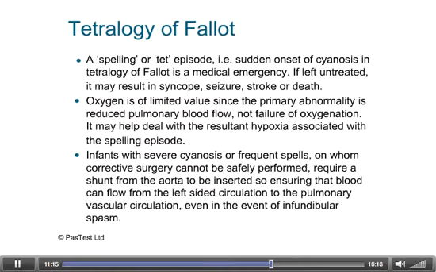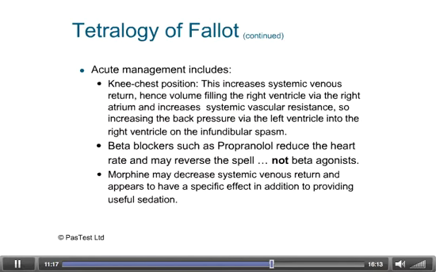This is a medical emergency, and the suggested procedure is to place the child with the knees being brought up towards the chest so as to increase the venous return to the right atrium, hence increasing the volume within the right ventricle.